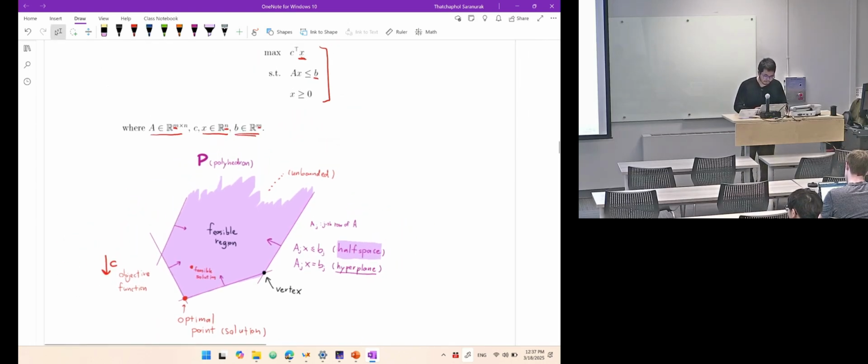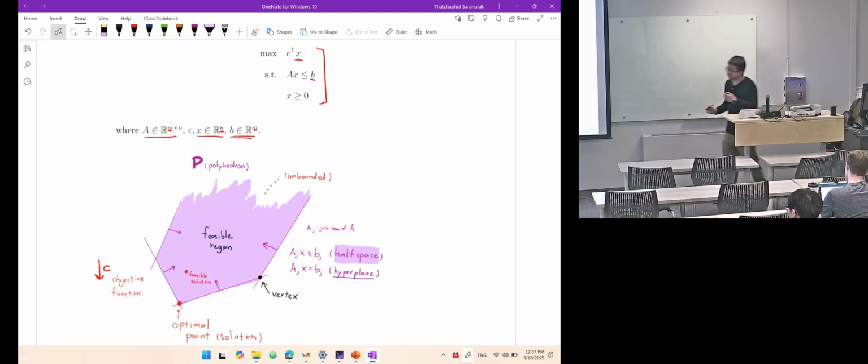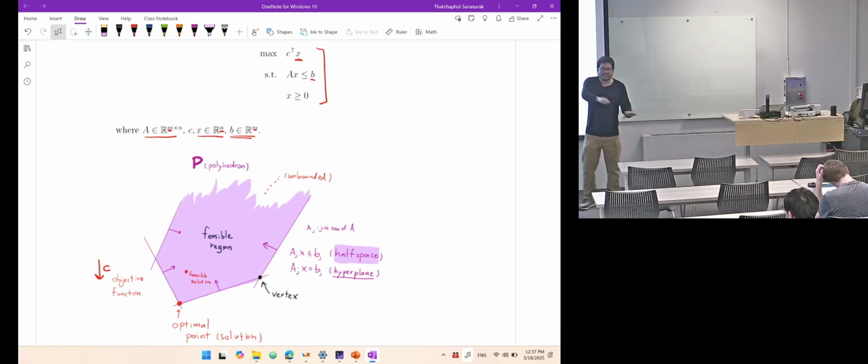The way you should think about this is the following. For each constraint j, if a_j is the jth row of A, then a_j times x at most b_j is a half space. What is a half space? If you look at a_j times x equals b, it's a hyperplane in the space.